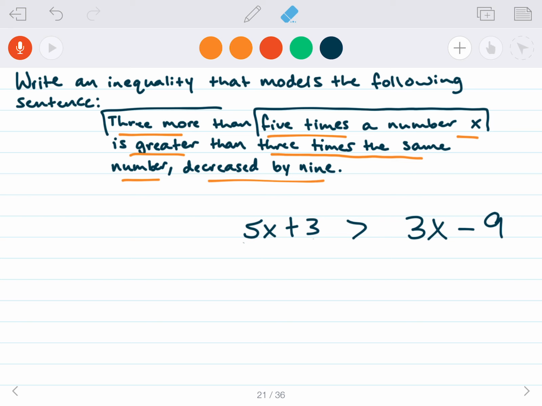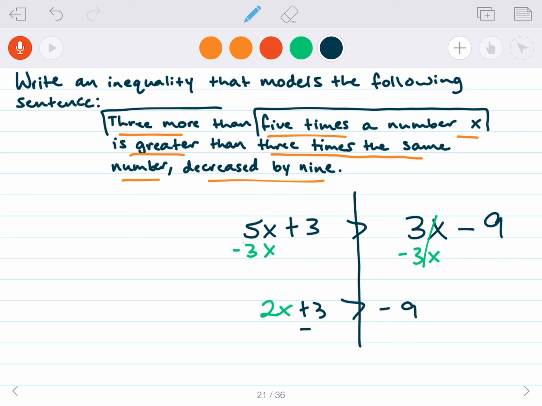And we can solve for, the directions said just find the inequality, but let's go ahead and figure out what that missing number is. So I'm going to draw my line through the inequality sign, and I'm going to start by subtracting 3x from both sides. So I get 2x plus 3 is greater than negative 9.